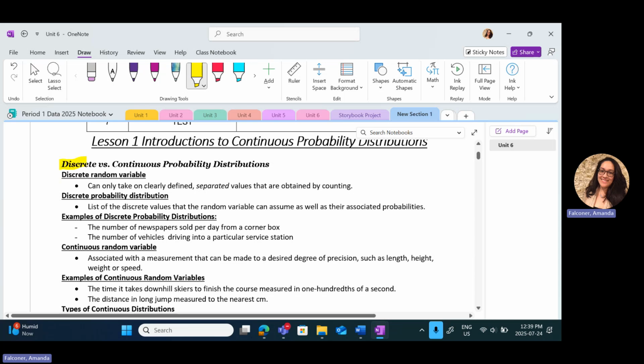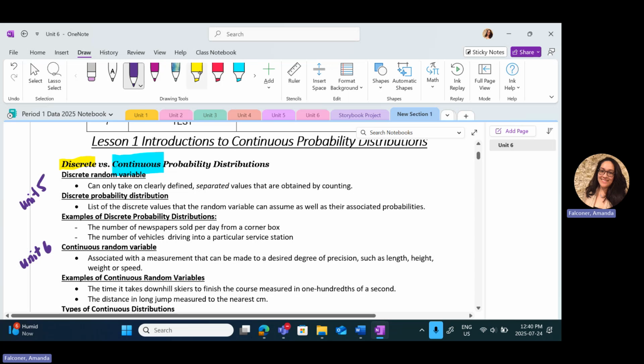We're comparing the discrete probability distribution to the continuous probability distribution. And discrete was what we did in unit 5, and continuous is what we're doing in unit 6.